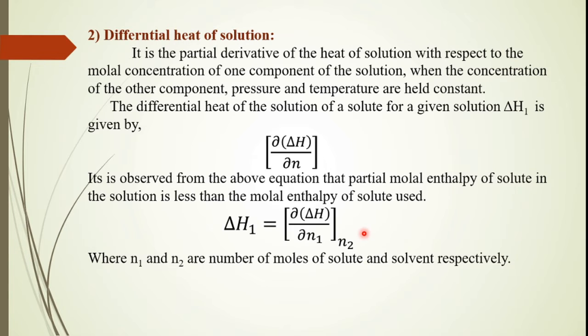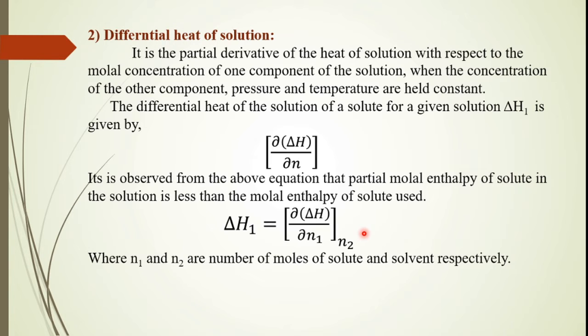It is the partial derivative of the heat of solution with respect to the molar concentration of one component of the solution when the concentration of the other component, pressure and temperature are held constant.